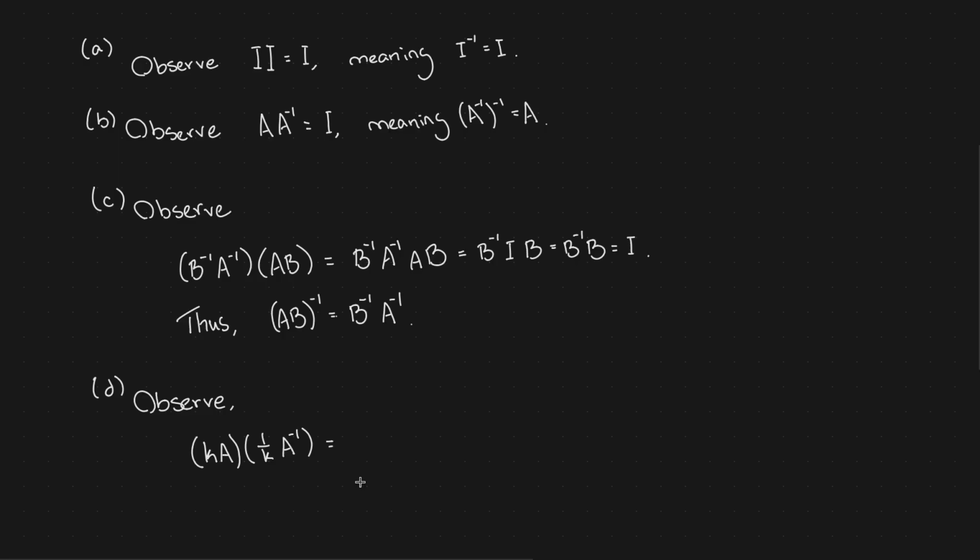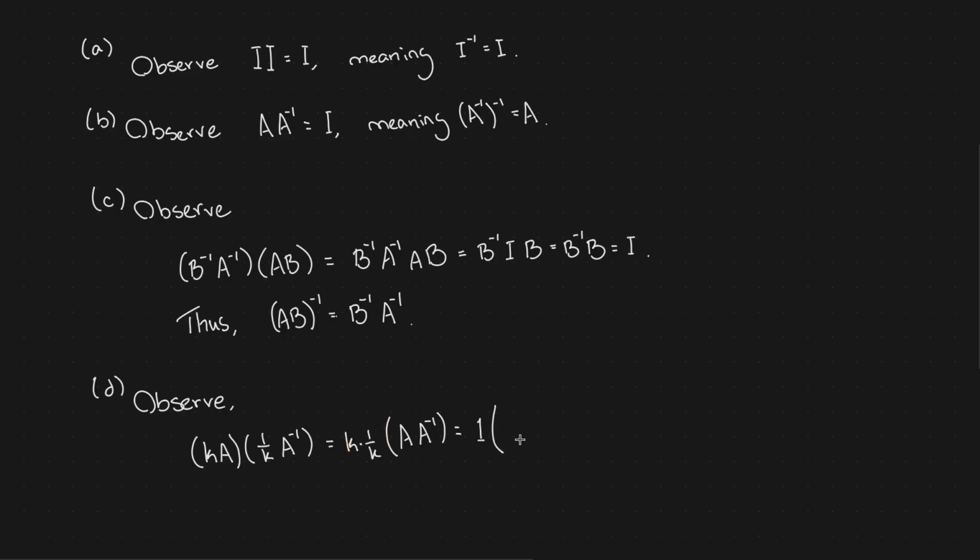Now, remember when we multiply matrices, scalar matrix multiplication is associative, so I can move all the scalars to the front. In fact, let me do it this way. K times 1 over K, that's 1 because they're scalars. These are just real numbers.